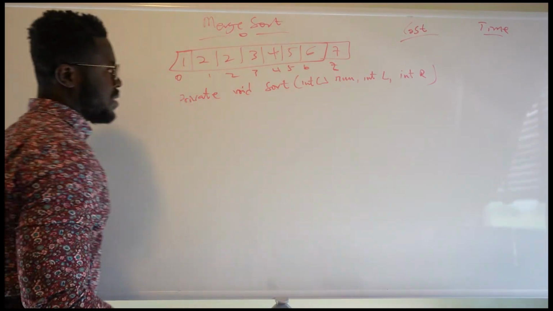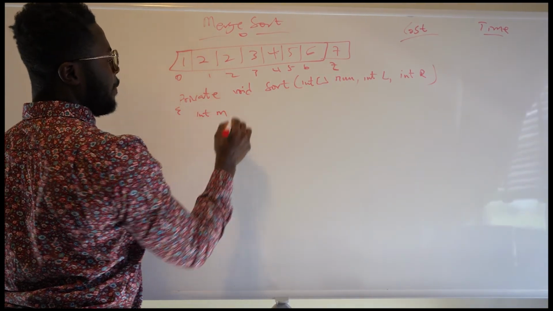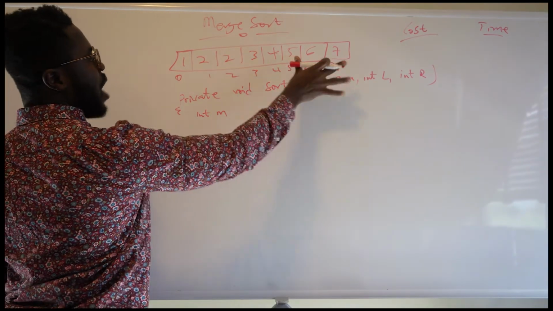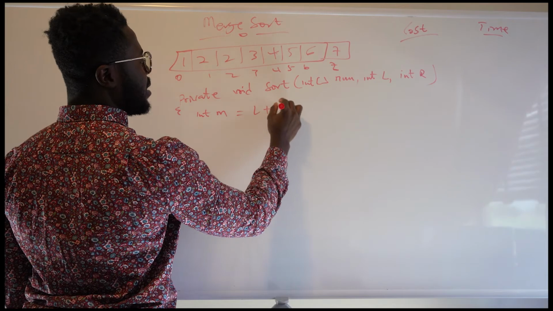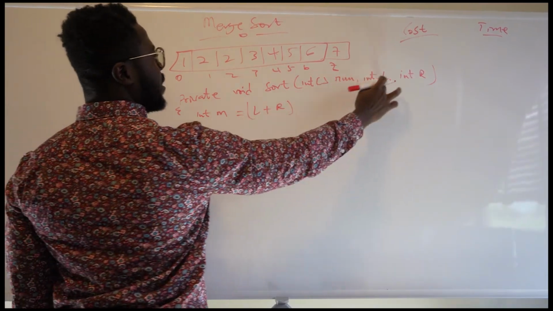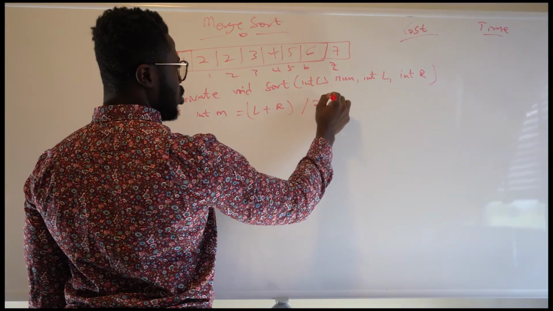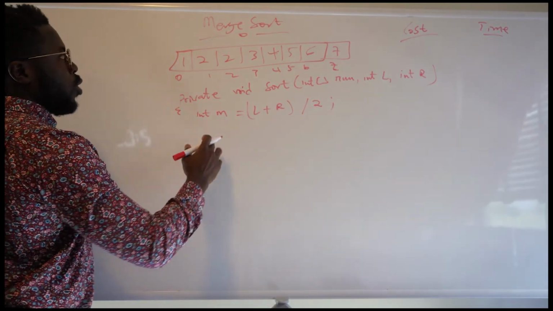Once you come here, you have to find the midpoint of this array: you add L and R, which is 0 plus the last index, then you divide by 2, and you get the midpoint.